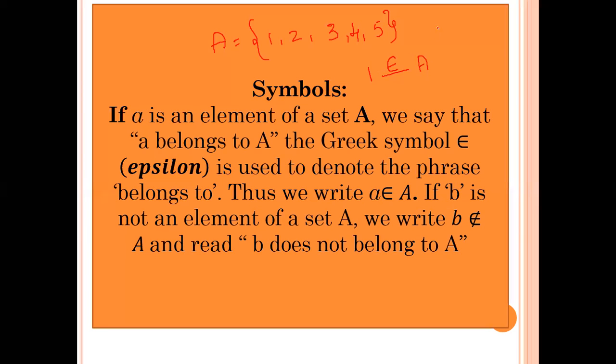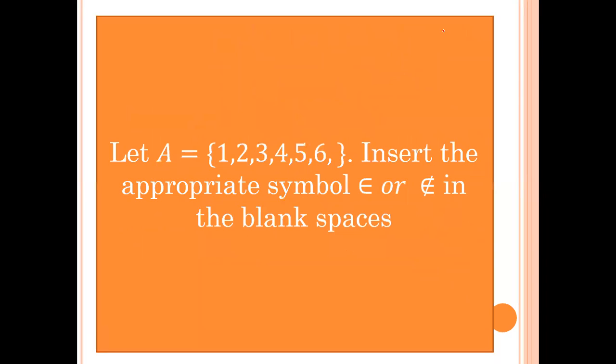Whether 6 is an element of A? No, so what do we write? 6 does not belong to A. So this symbol is epsilon; we use it to say belongs to, and this symbol we use to say does not belong to. So this we had studied.